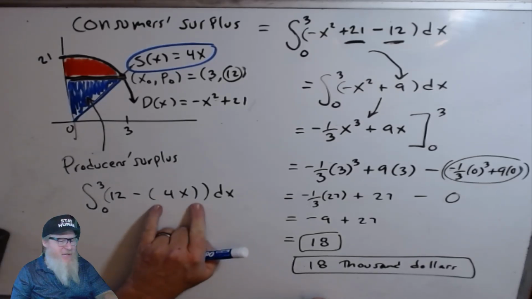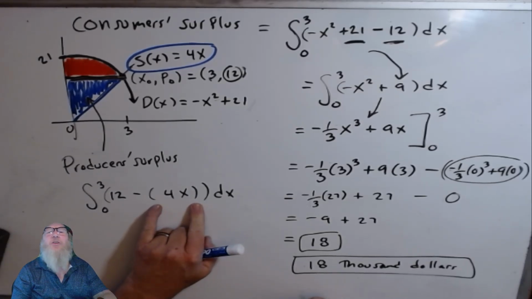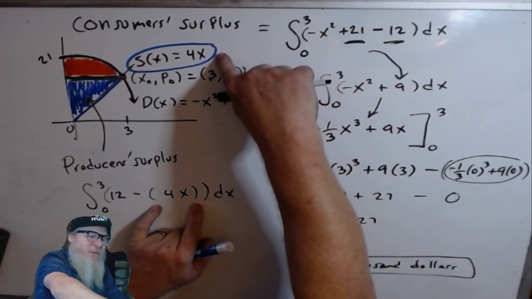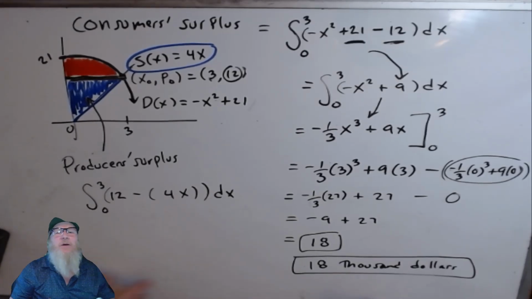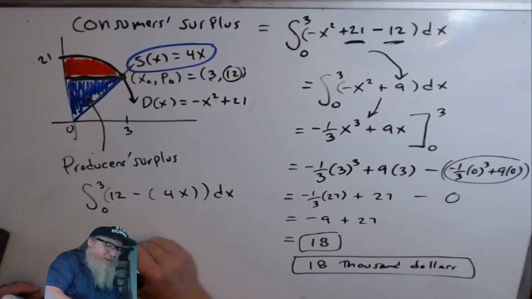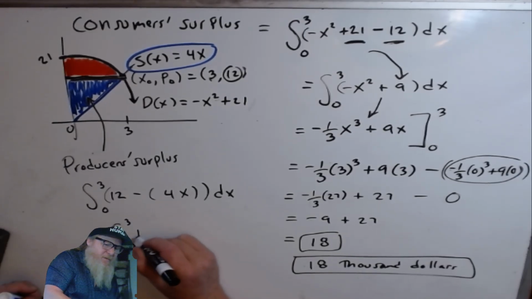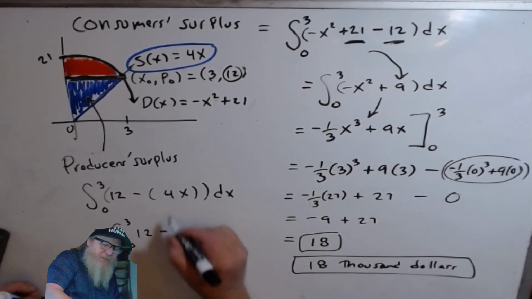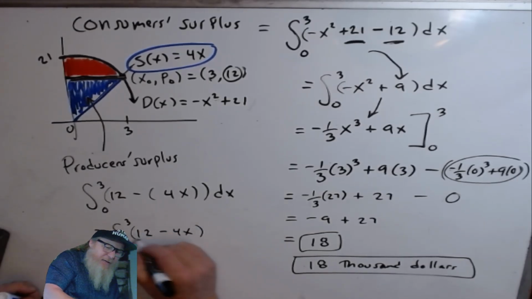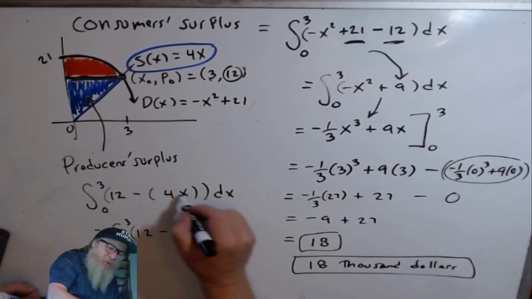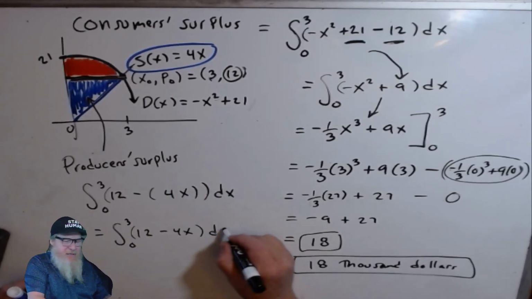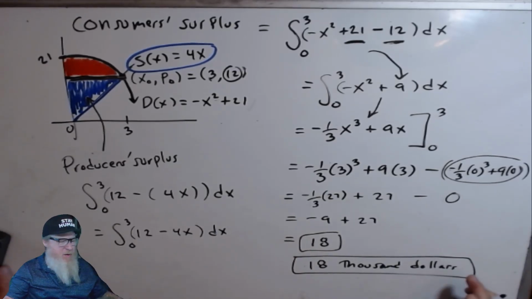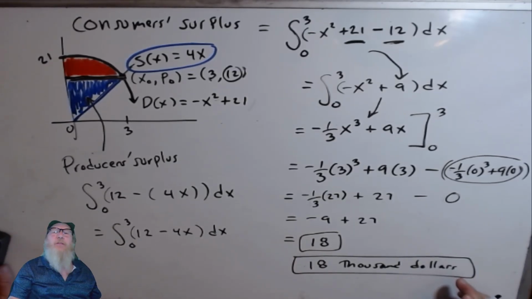I put an extra set of parentheses here just for good measure. Now the supply function is a very simple function. It's just 4x. So I can get rid of those parentheses pretty easily. However, if the supply function was more complicated, that minus 4x would be minus some more complicated expression, in which case I might want to be a little more careful. So that's your producer's surplus.